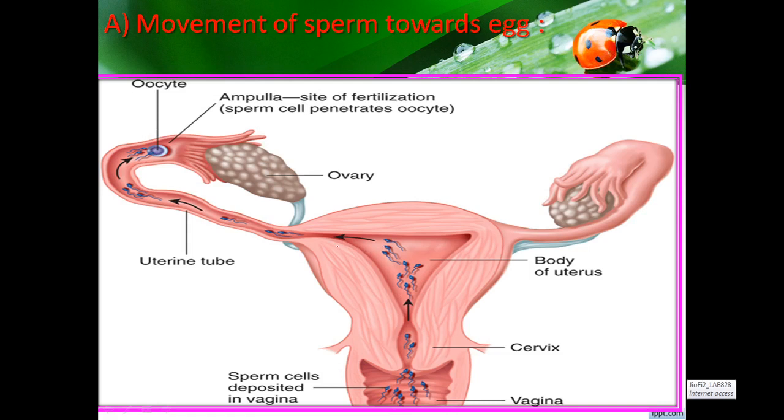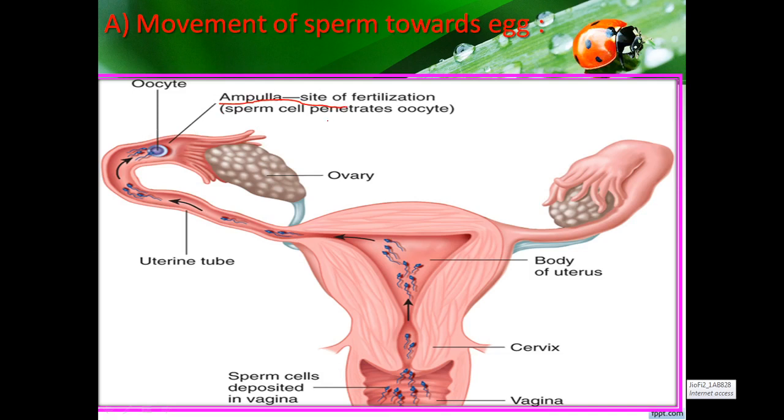The vestibular secretion of the female also enhances sperm motility. The sperm swim at an average speed of 1.5 to 3 mm per minute. Sperm reach up to the ampulla region. This region is called the ampulla region.